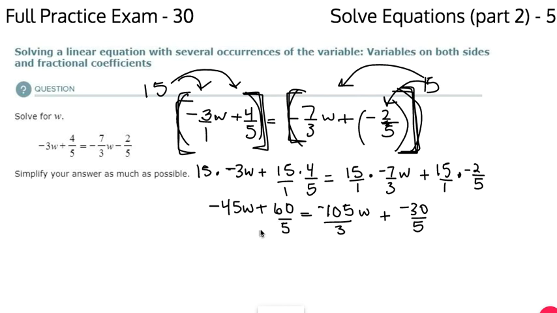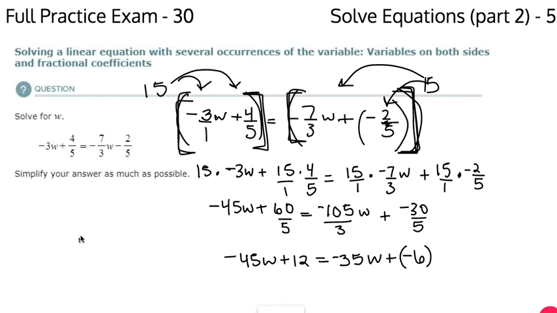Then I'm going to simplify. So remember, the whole goal of this crazy multiplication thing is to eliminate our denominators. So that should be happening. You should end up being able to eliminate those denominators. Get -35w plus -6.